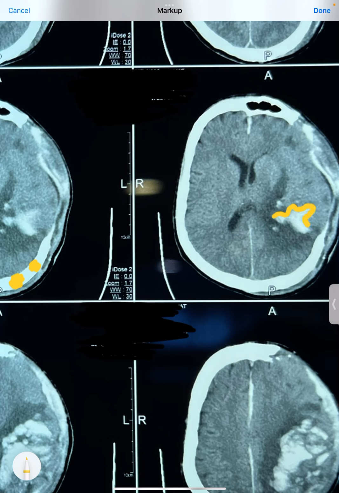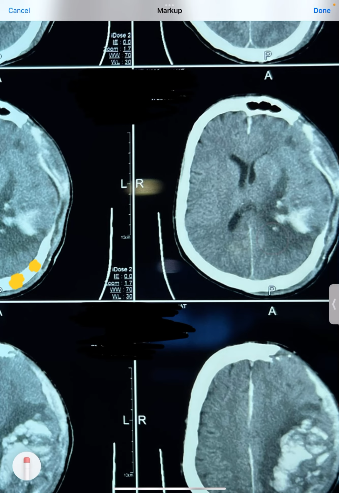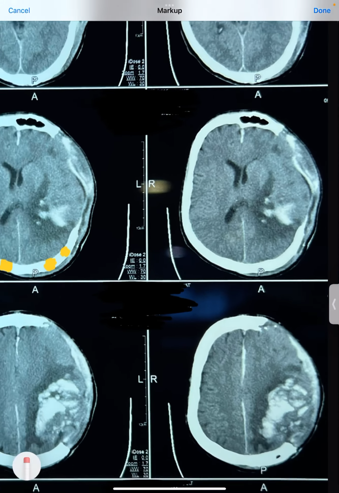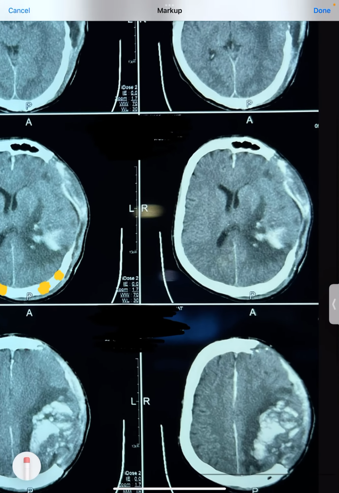I'll show that. So in this film, this dense white or radio dense structure has to be either bone, blood or calcification. Now, calcification won't appear in a very fast manner, means suddenly the calcifications won't appear. There is no reason why bone should be present here. This is not a normal structure where the bone should be present.